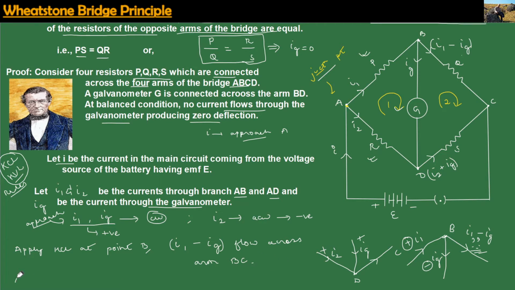Now, if we again apply Kirchhoff's current law at point D, we find that this current I2 plus IG will flow along the arm DC or the arm CD.